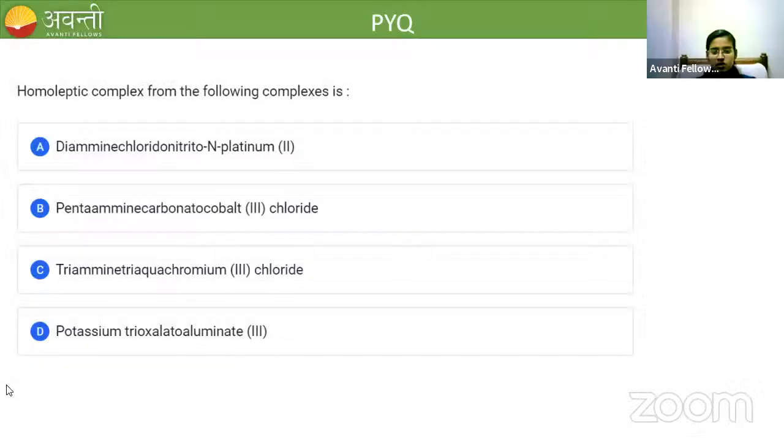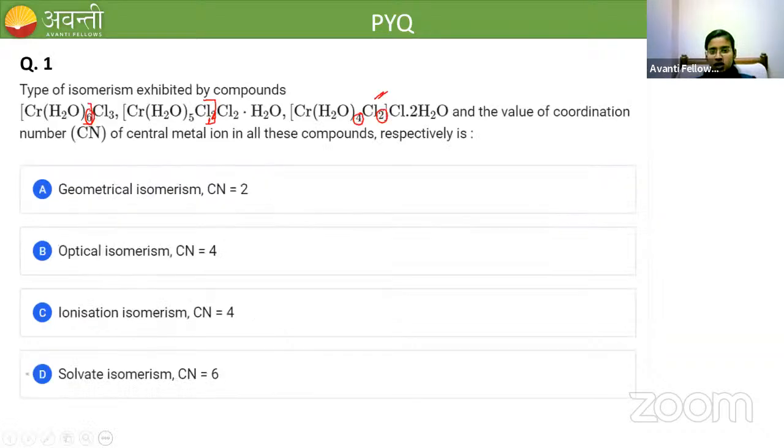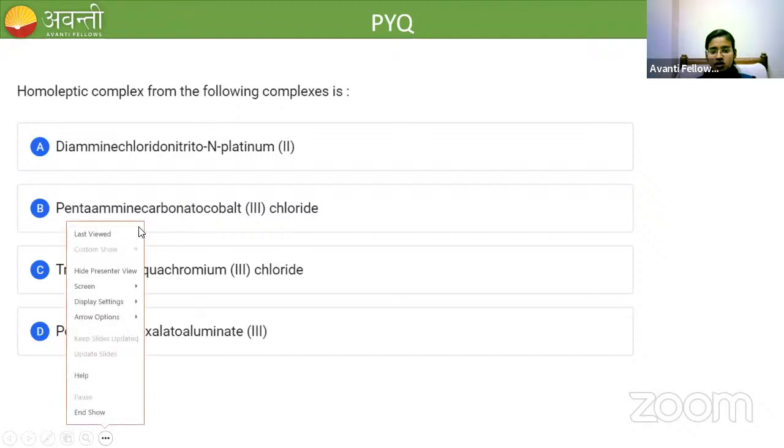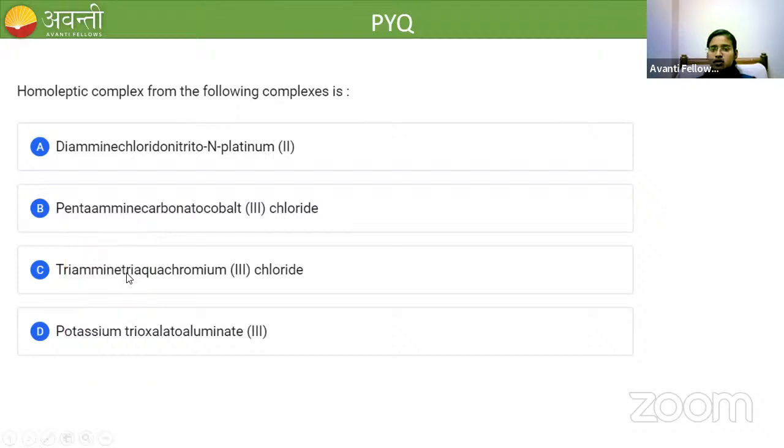Can you all able to see the screen? Can you all able to see the screen? Yeah.